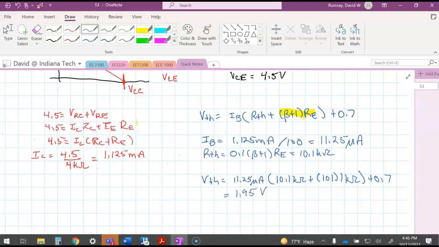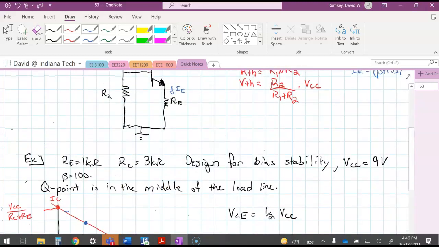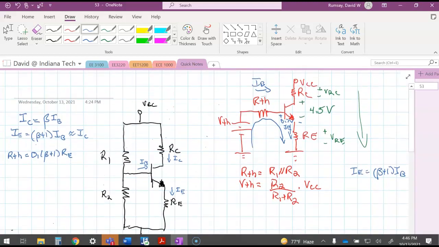And now we are ready to finally complete our design because I've got everything I need. I've got V Thevenin and R Thevenin. You're going to use these two equations here to find R1 and R2.